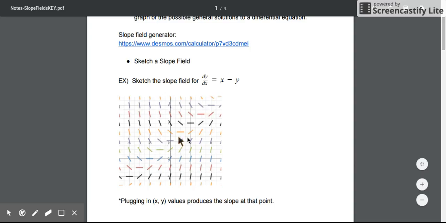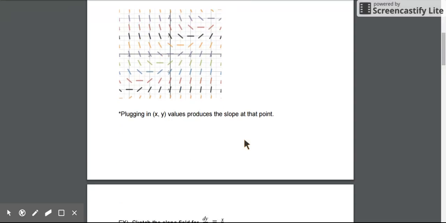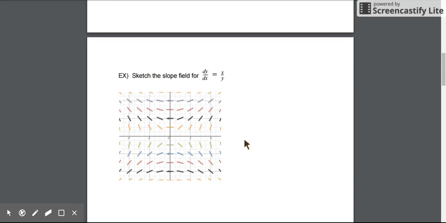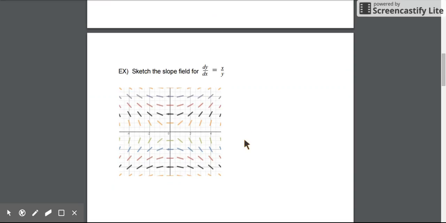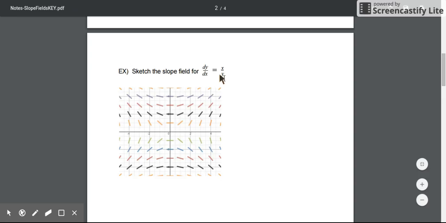As long as it fits that slope field, that's one possible solution. So you can try out this next one, or you can use the slope field generator to do it. But you're just plugging in coordinates, and the answer that you get represents the slope at that point. And the slope is the slope of the solution graph to the differential equation.